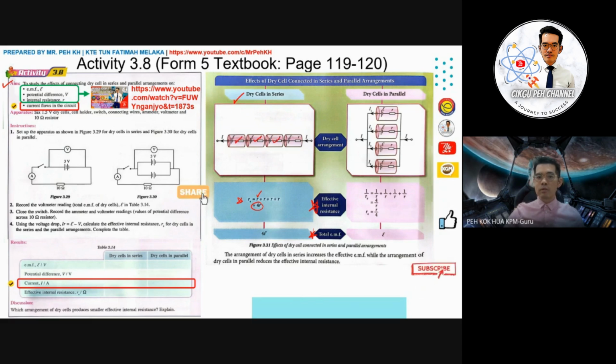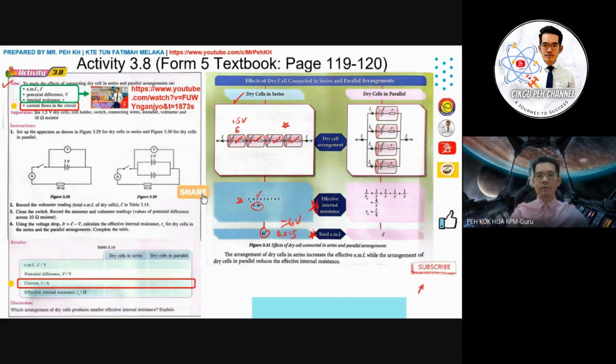So a total of 4 batteries arranged in series will have 4r. Besides that, dry cells arranged in series will also increase the total E.M.F. Here one dry cell contributes 1 E of voltage, for example, the value is 1.5 volt. So the total E.M.F. contributed by the dry cells in series for this example will be 4E, which is 4 times 1.5 equal to 6 volt.